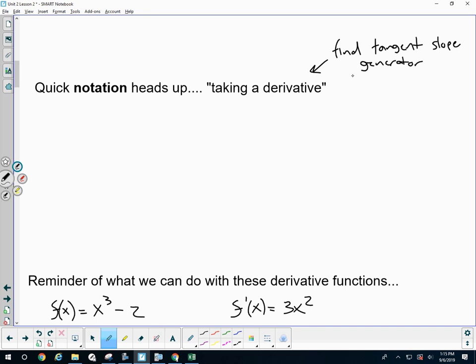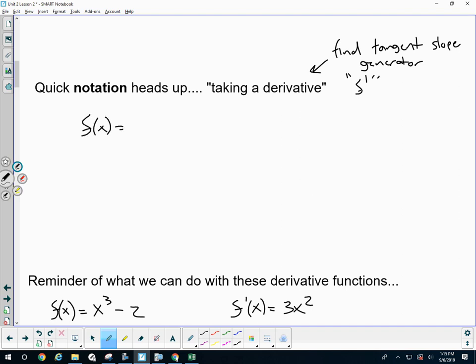Or find f prime, you know. Find the magical, incredible equation where if I plug in x's, I can get tangent slopes to f, the original function, okay?